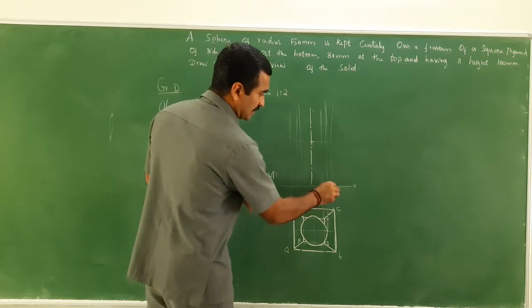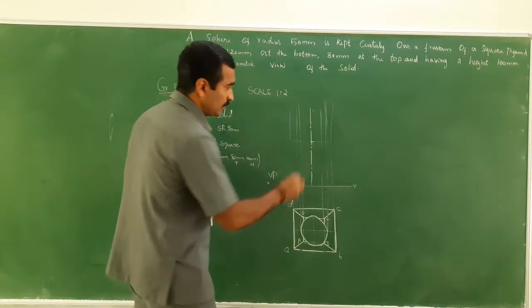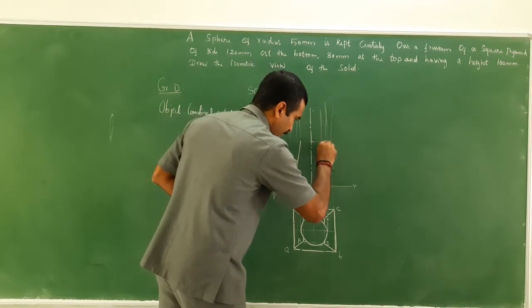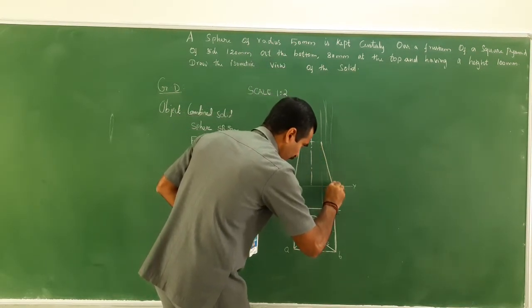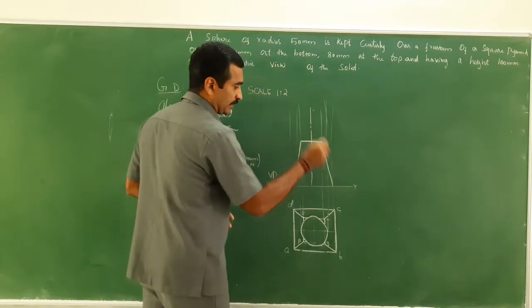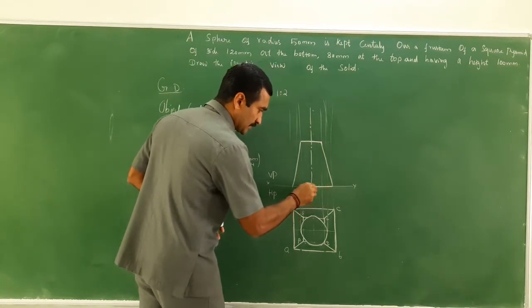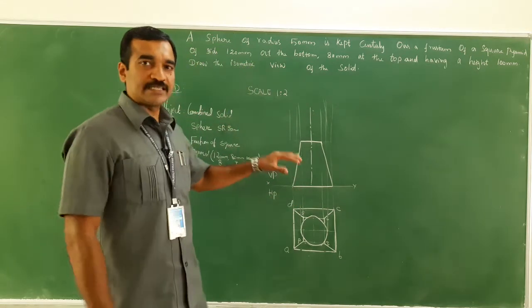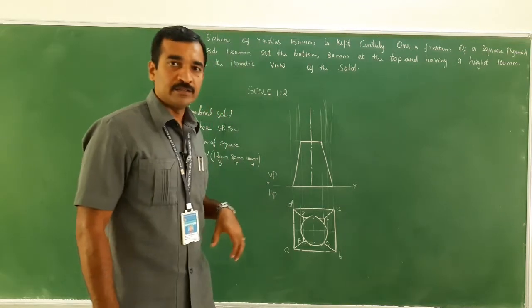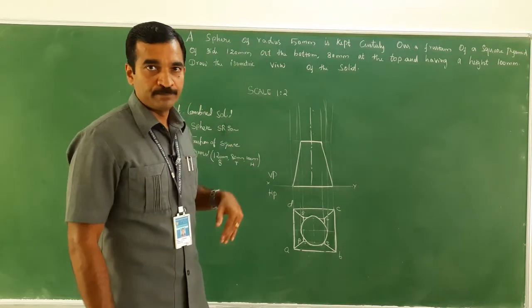And the base is 120 mm, right? So just connect it. Right? And the top connected. And the base connected. So this is the frustum of the square pyramid when you look at it from the top.